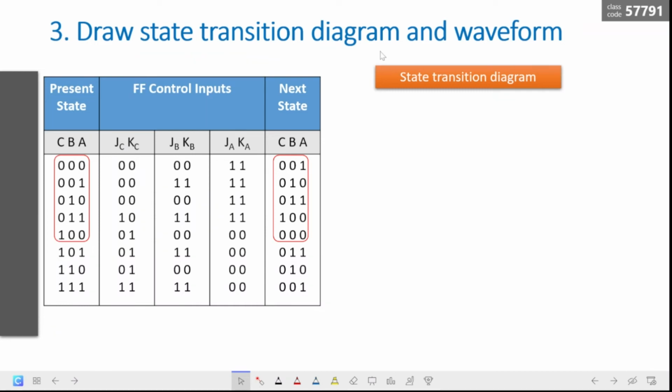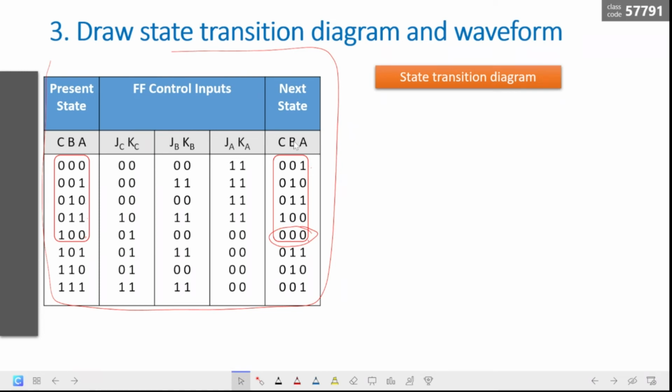Okay, so how do we draw the state transition diagram for this counter? Look at the pattern of this counter. Looking at the table, it looks like this counter counts up. You can see that the counter counts up 0, 1, 2, 3, 4, and then after 100, the next state is back to 000.